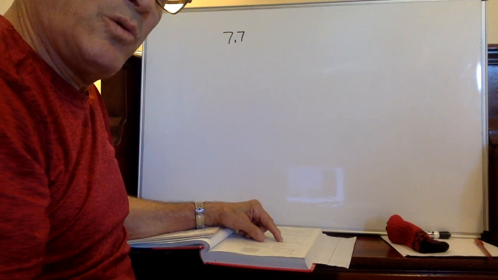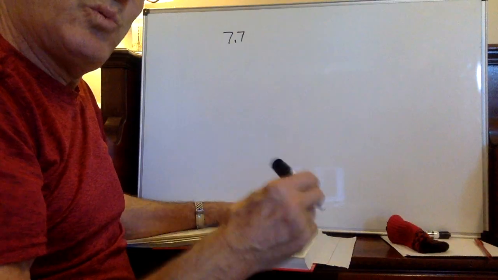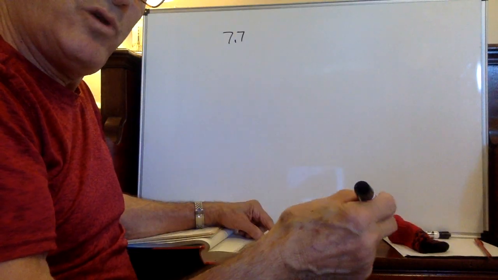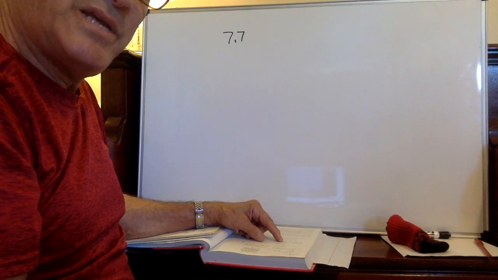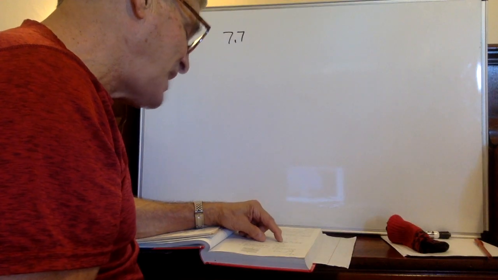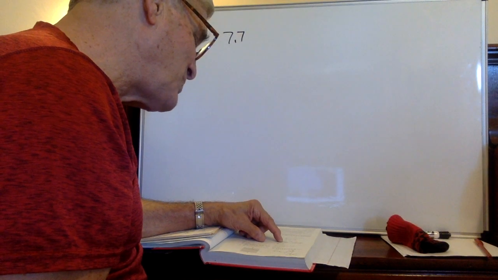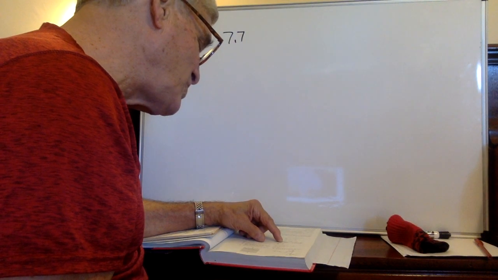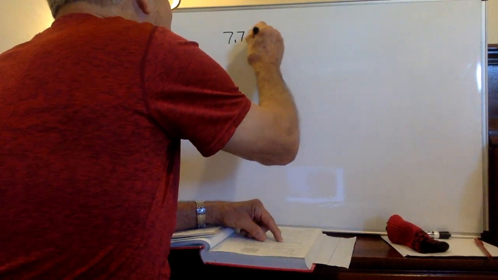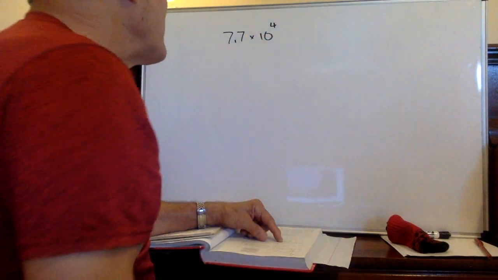Scientific notation, you always want to have a number between 1 and 10, greater than 1, less than 10, times 10 to some power. And in this case, I'm going to have to move the decimal 5 units, or 1, 2, 3, 4 units to the right. So it's times 10 to the 4th.